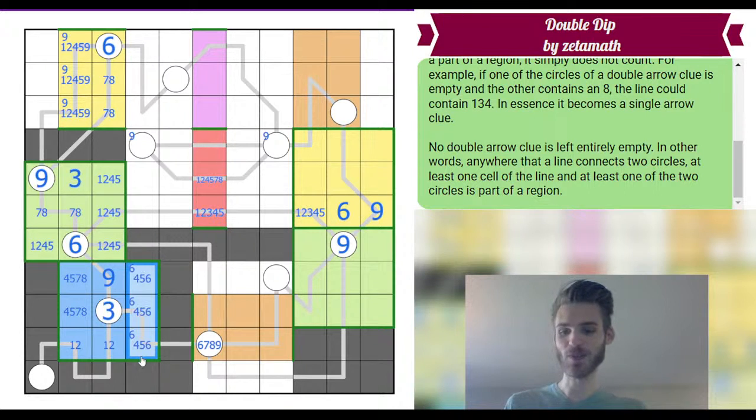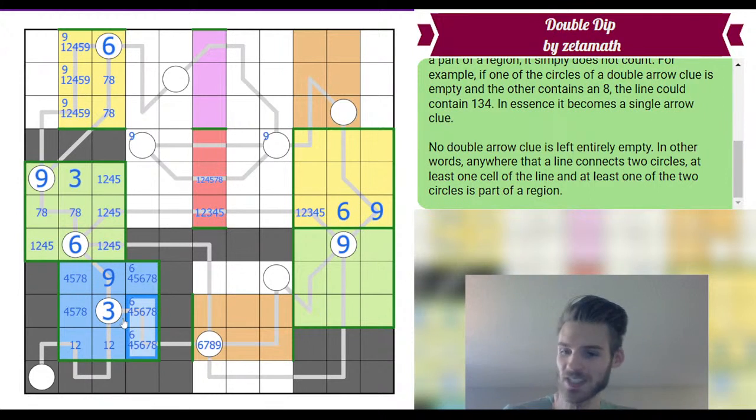This is 4, 5, 6, 7, 8. It could be 4, 8, which is annoying. Or it could be 4, 5, which is... How does it have that much range? I guess it's only 3 digits apart.